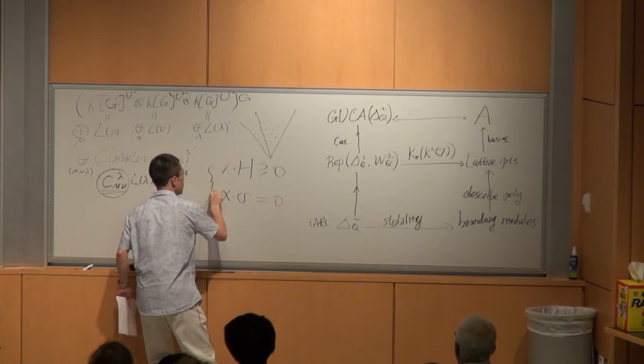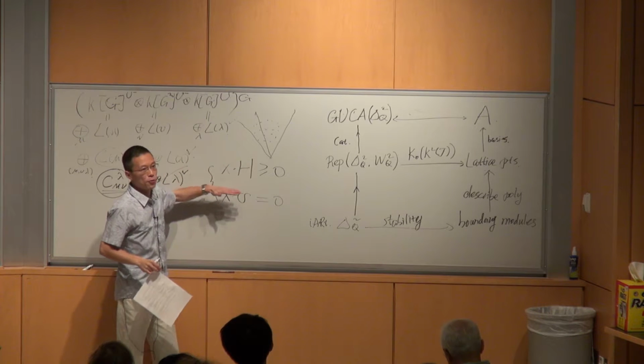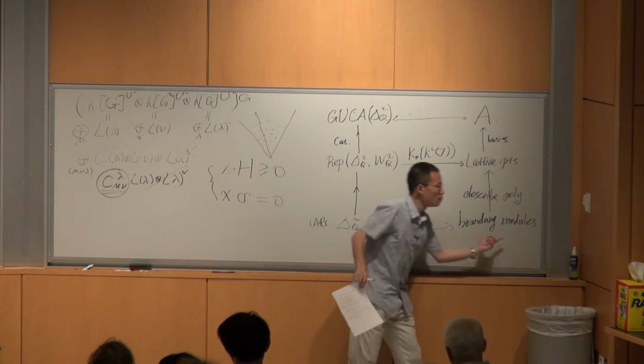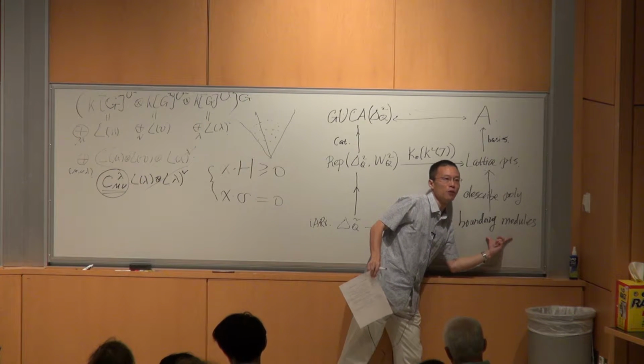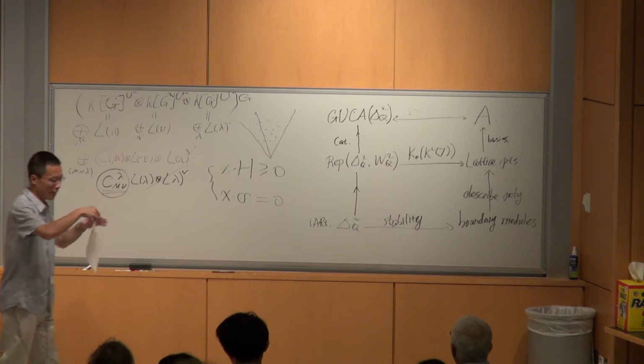So this is our description. To describe it, I need to specify each row of H. Each row of this H is given by the sub-representation of those boundary modules. So this is the whole idea.